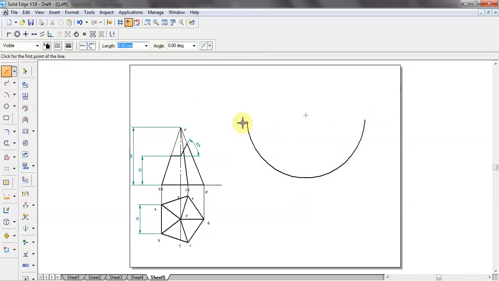Draw a line, connect to center. Each side is 30 mm, so divide into equal lengths. Draw an arc of 30 mm. Again from here 30 mm, cut the points and join them.